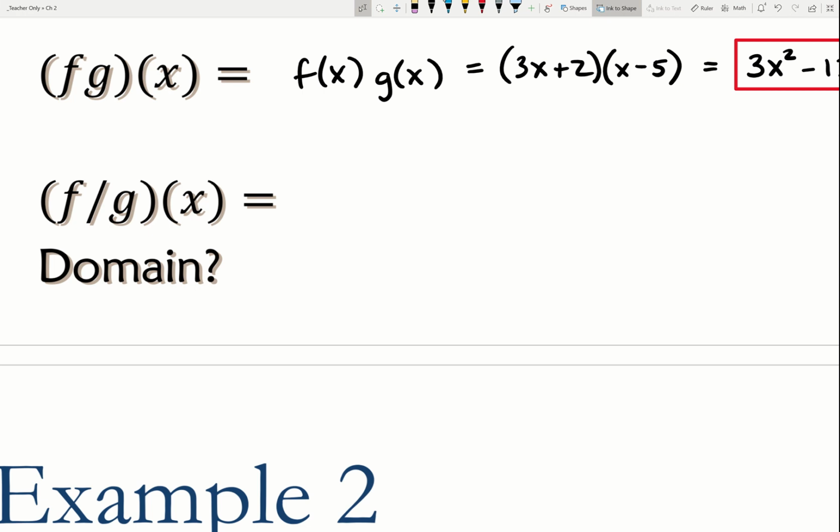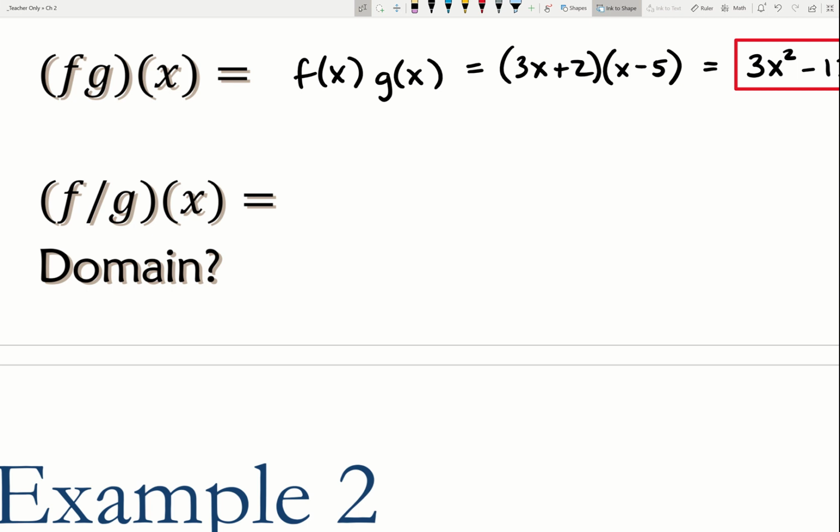We want the quotient function, and that is going to be the interval from negative infinity all the way until we reach 5, united with the open interval from 5 all the way to positive infinity. So just being a little bit careful here whenever we are setting up that quotient function, okay?